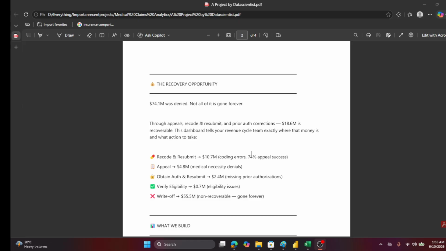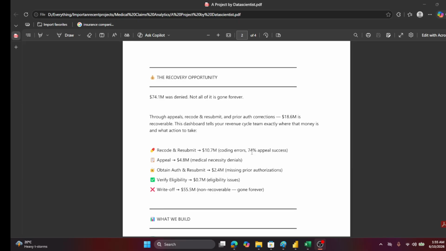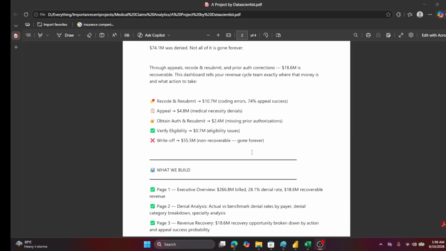Recovery opportunity: 74.1 million was denied, but not all of it is gone forever. Through appeals, recode and resubmit, and prior authorization corrections, 18.6 million is recoverable. This dashboard tells your revenue cycle team exactly where the money is and what actions to take. Recode and resubmit will be around 10.7 million for coding errors, with 74% appeal success.